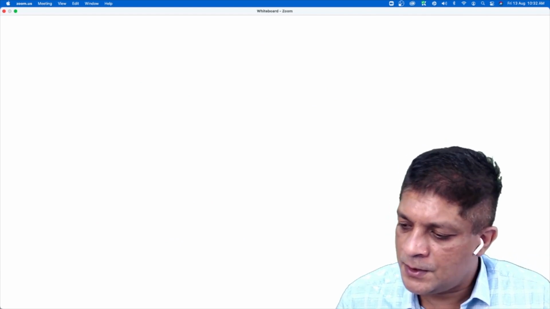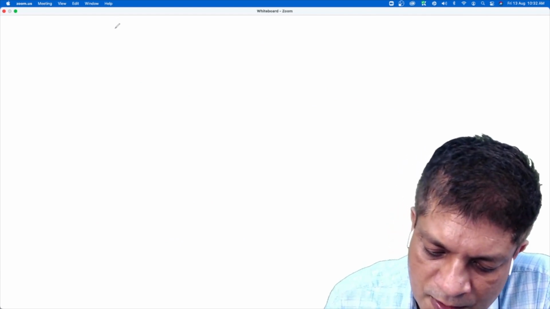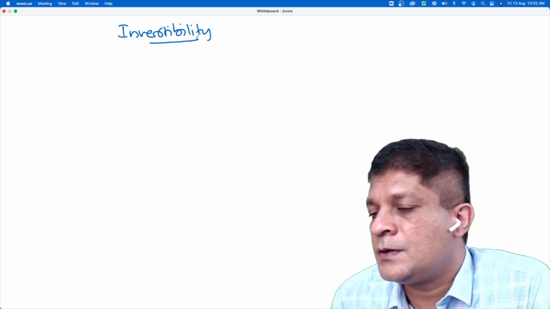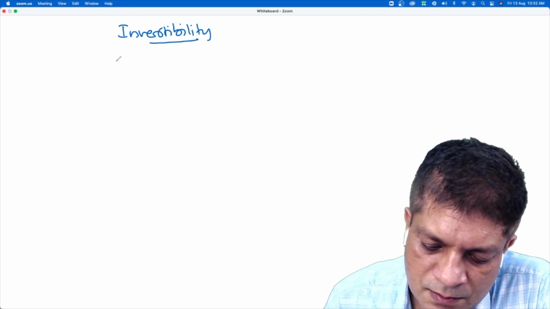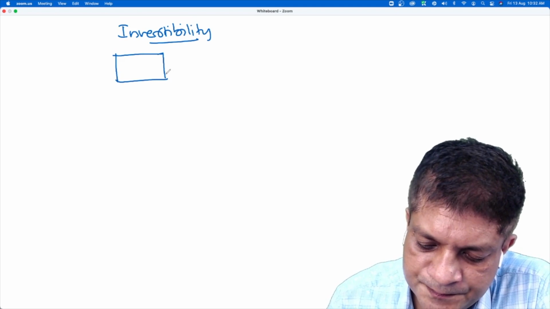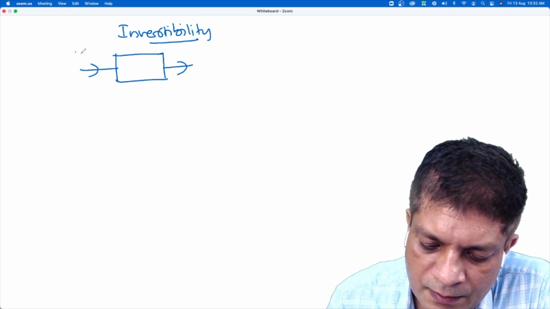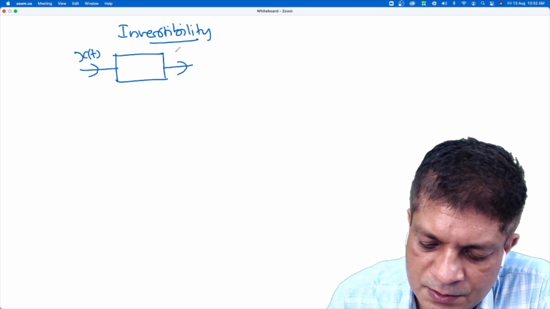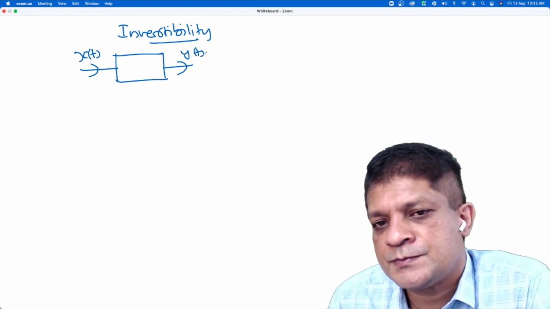There is one more property, that is the invertibility property. So we have a system. We are giving x(t) as the input to the system and y(t) as the output.